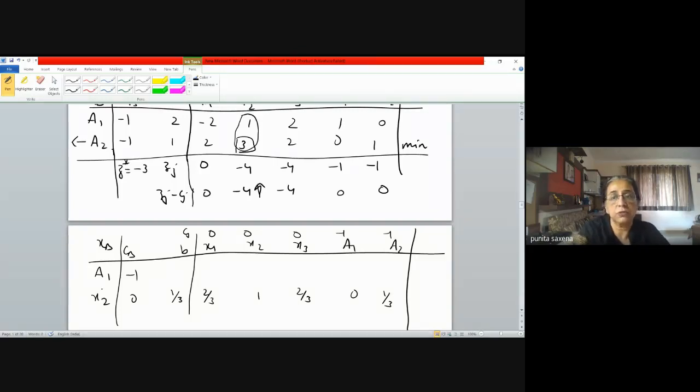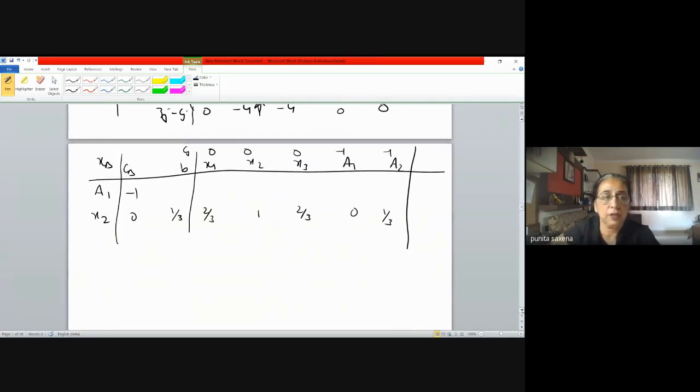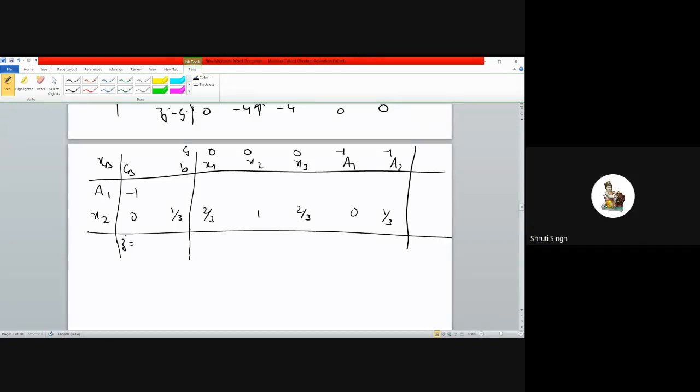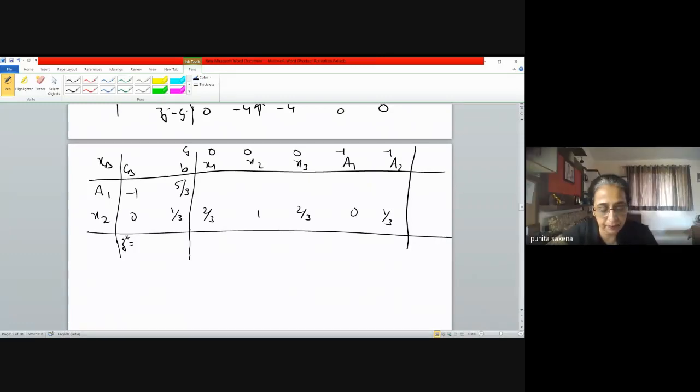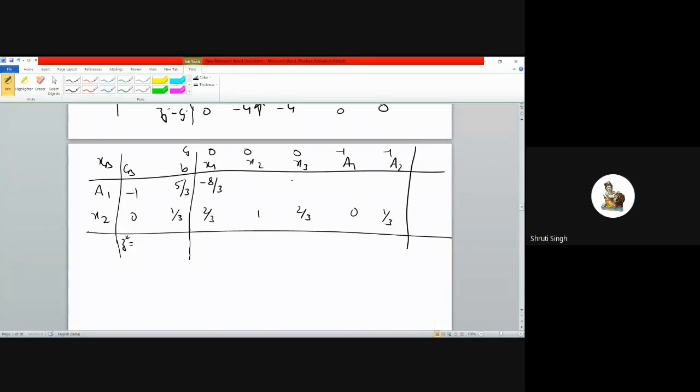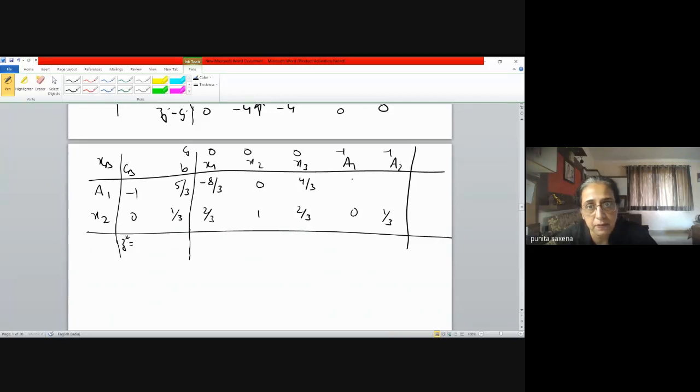So I need the values now. Did you get them? 5 by 3. 5 by 3. -8 by 3. -8 by 3. 0. 0. 4 by 3. 4 by 3. 1. 1. -1 by 3. -1 by 3.